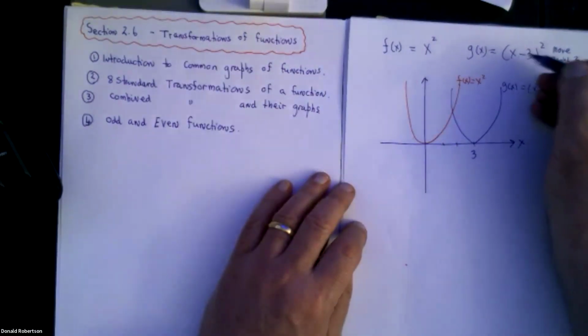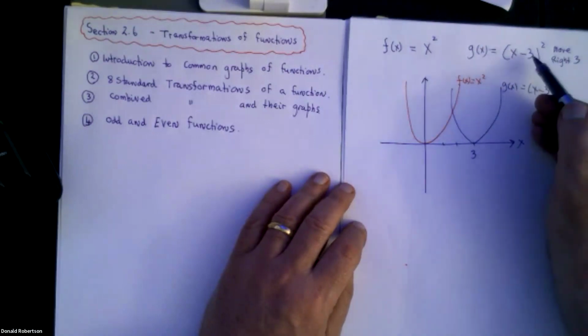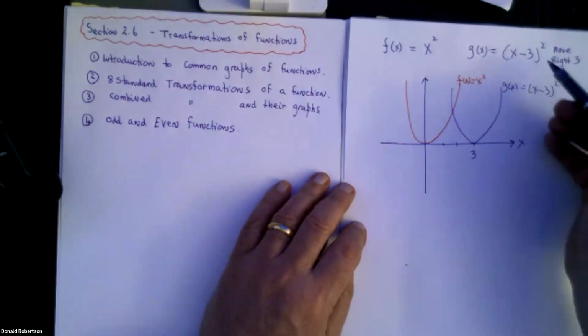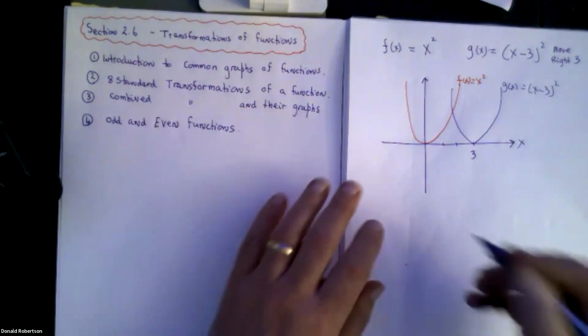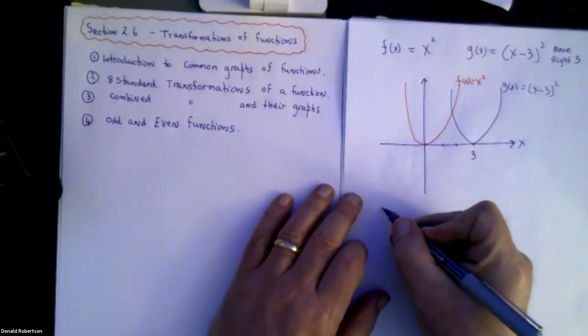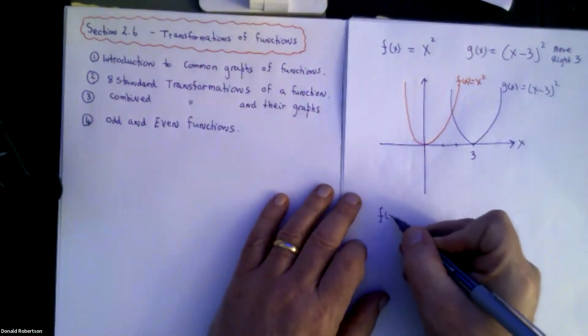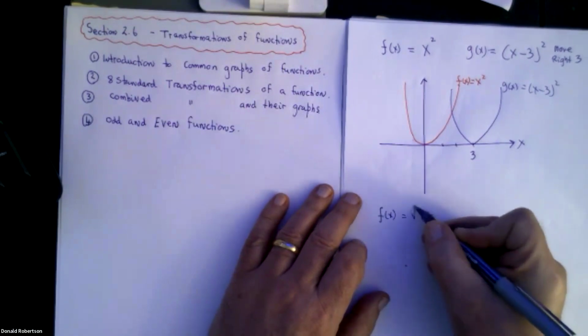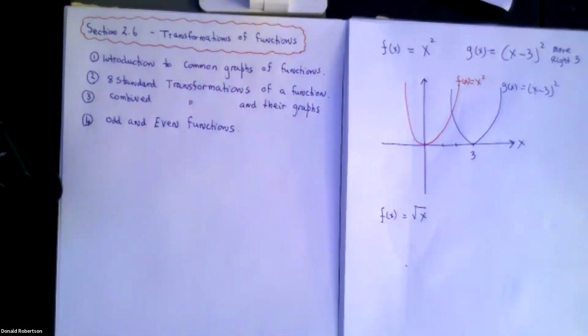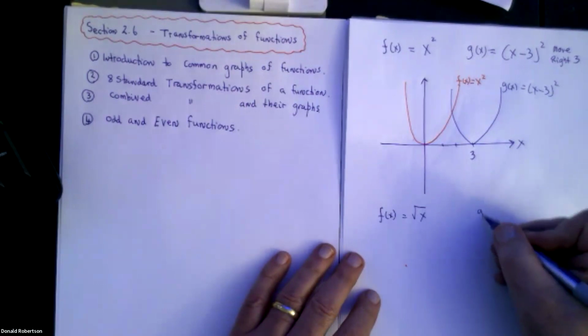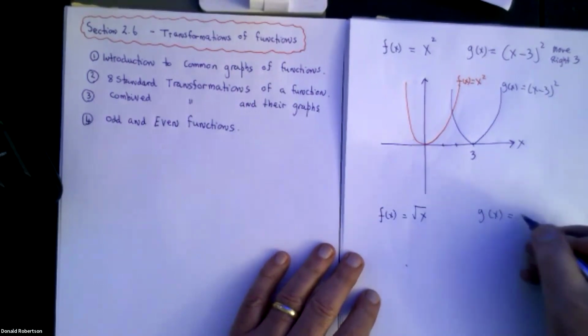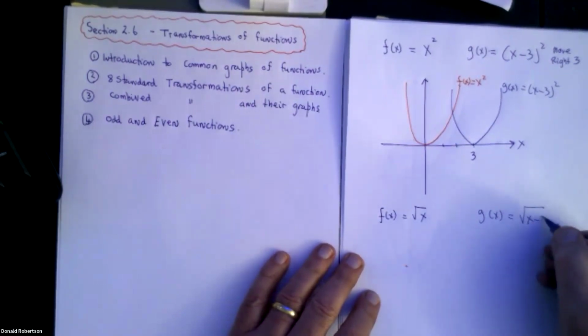In fact, if that was x minus 1, it would move it to the right 1. If it was x minus 1,000,000, it would move it to the right 1,000,000. So let's try another function. Suppose I have the square root of x. And the transformation function is the square root of x take away 2.